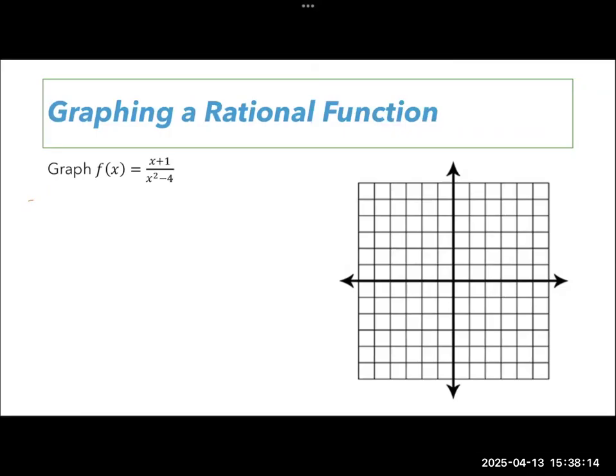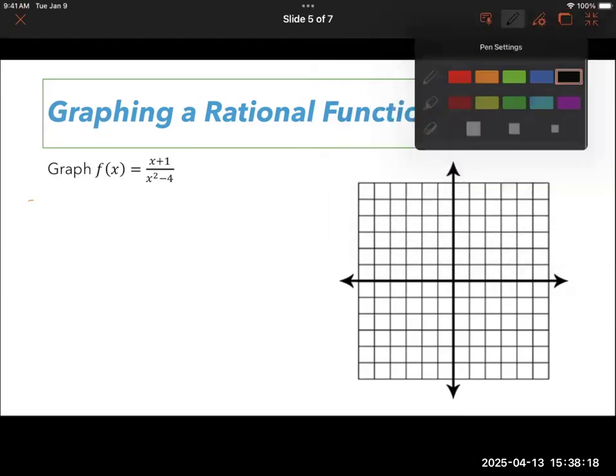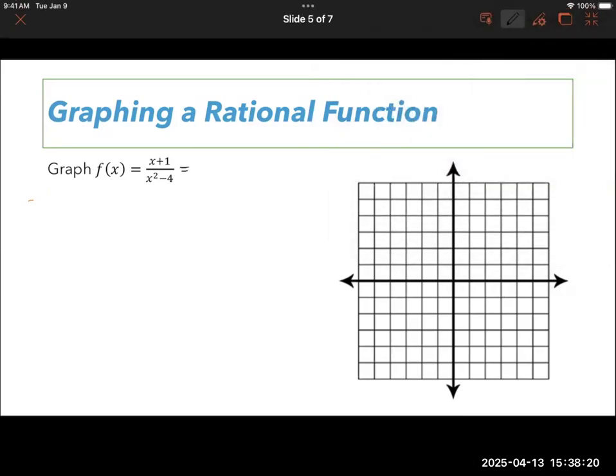Okay, so off to the side here, I'm just going to rewrite this. Our x plus 1 cannot be factored any more than that, so it stays x plus 1. Our x squared minus 4 can be factored into an x plus 2 and an x minus 2.